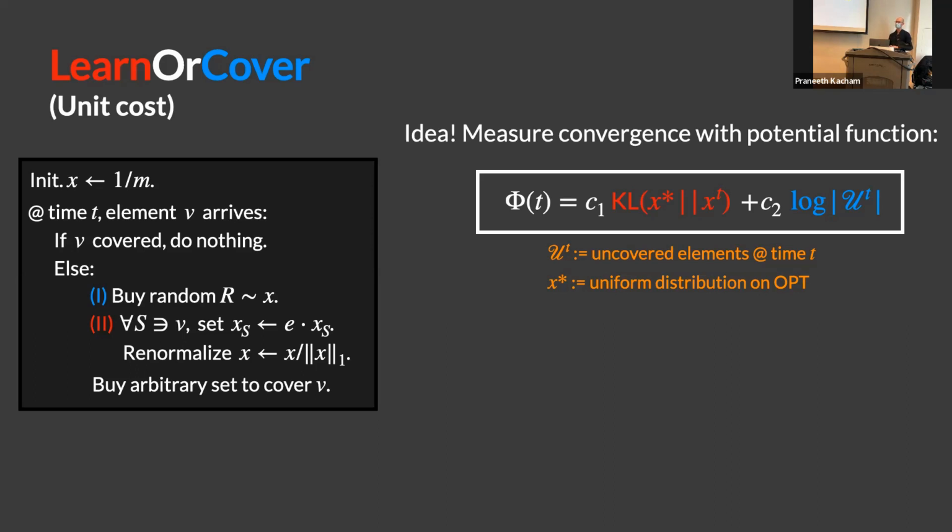Imagine X star is the sets in the optimal solution, divided by the size of opt, making it a uniform distribution on the opt sets. In case you don't remember what KL divergence is, it's this term. It doesn't really matter. I don't know if we'll have time to do the analysis. It's the sum over sets of x star s log x star s over x st.